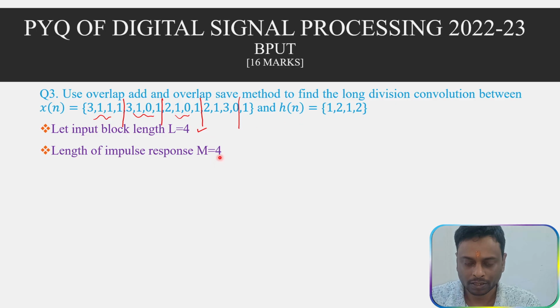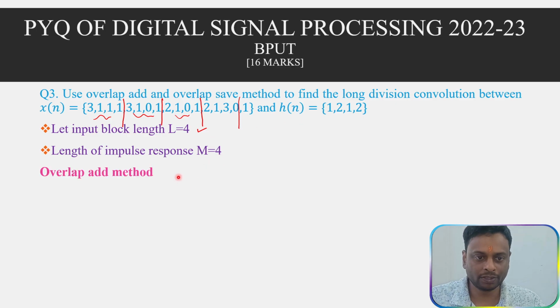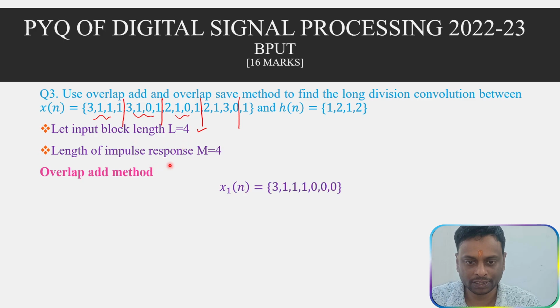Now in the overlap add method, what we have to do is partition the input into blocks of size L equal to 4. For x1, you take L data points.